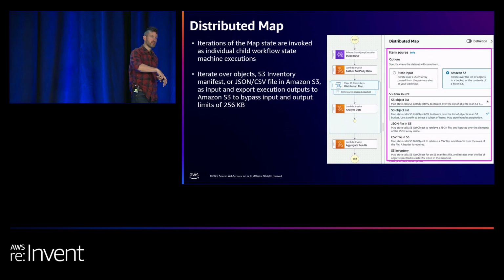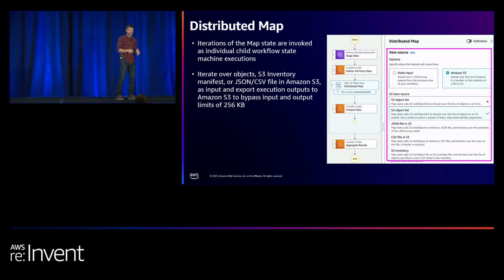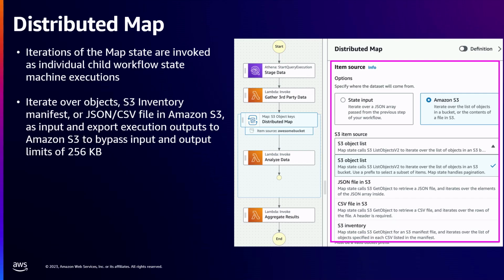The input to the Distributed Map can be a number of different things. I talked about iterating over objects in S3, and that's one of the most popular things to do with Distributed Map. So basically, you can point at an S3 bucket, or you can point at a prefix within an S3 bucket, and Distributed Map is going to list those objects, iterating over those keys, and feed them into your child workflows.